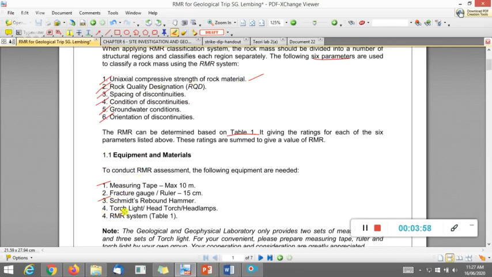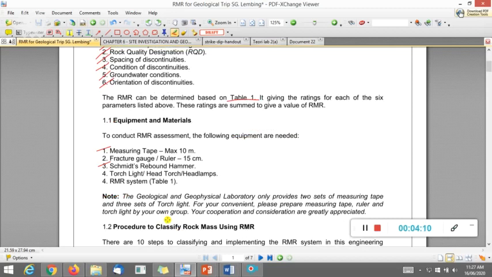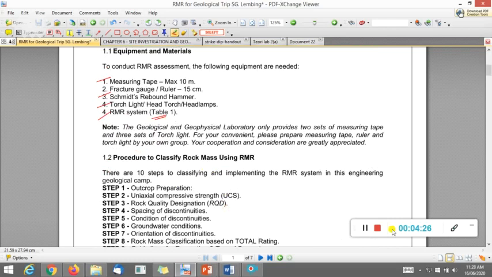And then a torchlight, because this manual is normally used in this camp. You go to the Sungai Lembing tunnel, and the tunnel is dark, so you need to bring a headlamp or torch. And the important thing is the RMR system, which will be referred to in Table 1.